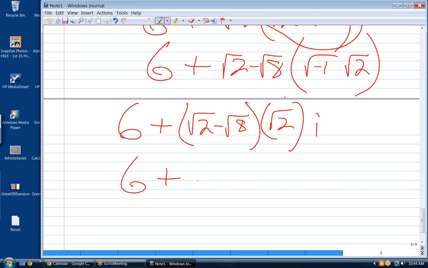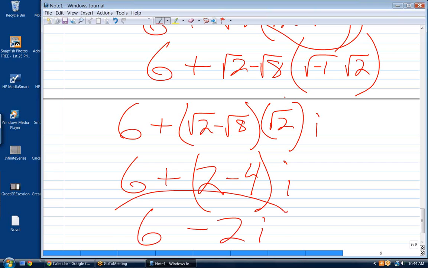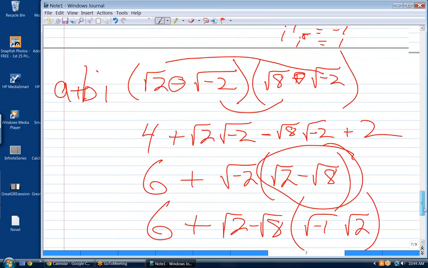Well, that's square root 4, that's 2. And if I distribute it there, it's minus 4i. So the final answer is 6 minus 2i. Now, would it have been easier if I had converted it to i to begin with? Perhaps, maybe.